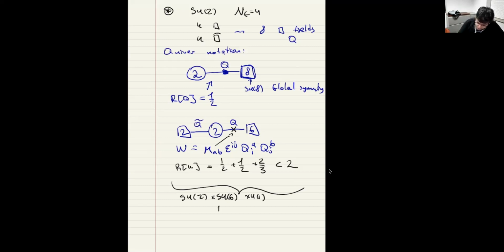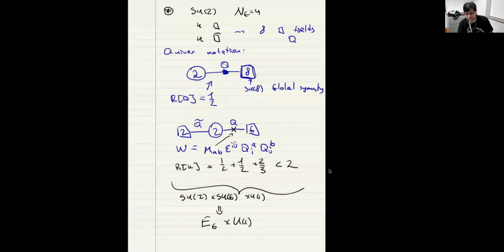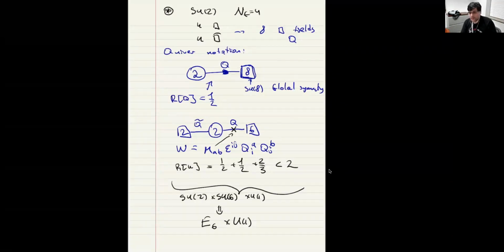And what we will show is that this theory actually has this SU(2) times SU(6) symmetry enhancing to E6. And the way we will show it is by computing the supersymmetric index and extracting from it the conserved currents in the infrared.